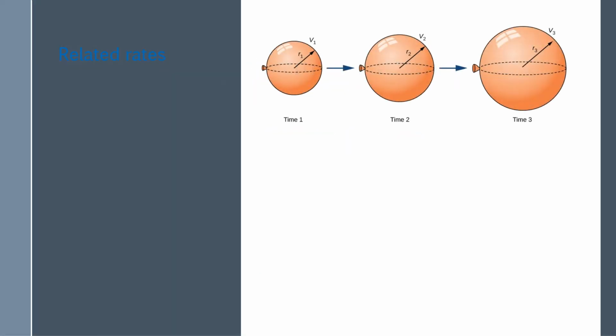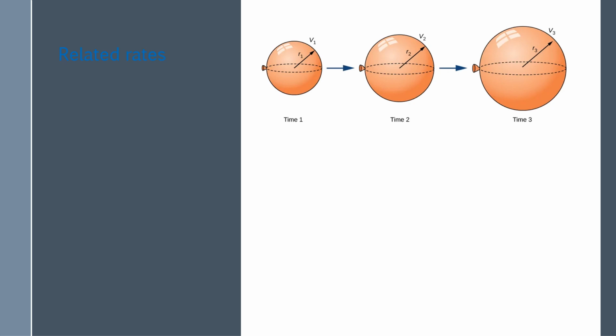So first, I would like to discuss an example in order to motivate this idea of related rates. Suppose we have a spherical balloon that has been filled with air at a constant rate, and here you have a visual representation of this scenario where we have three different times, and at each time, going from time 1 to time 2, the balloon is increasing in size.